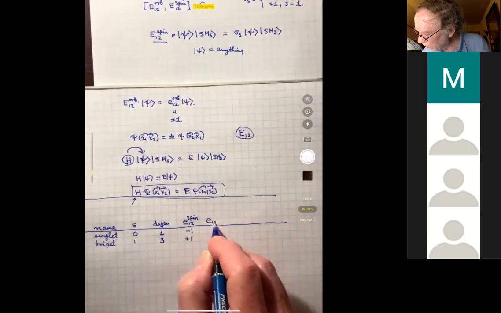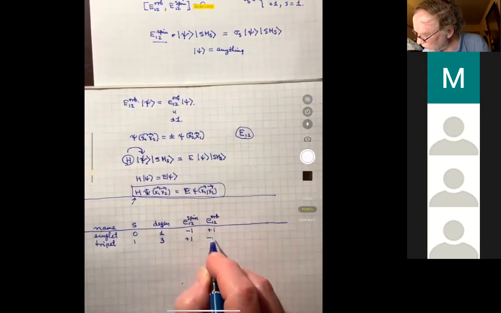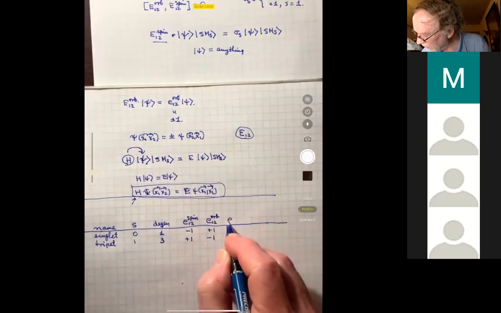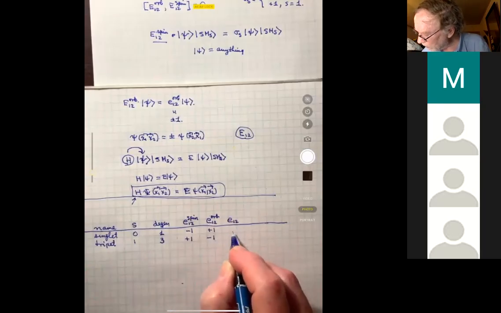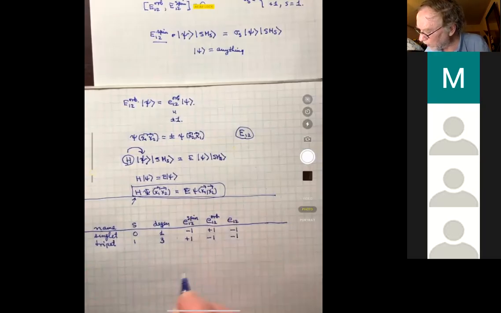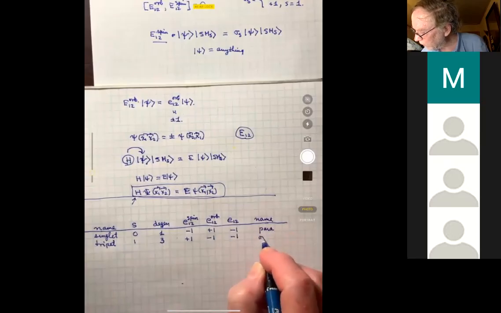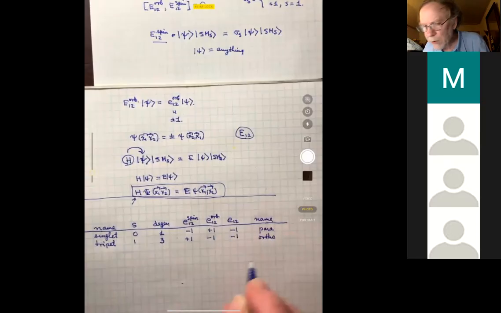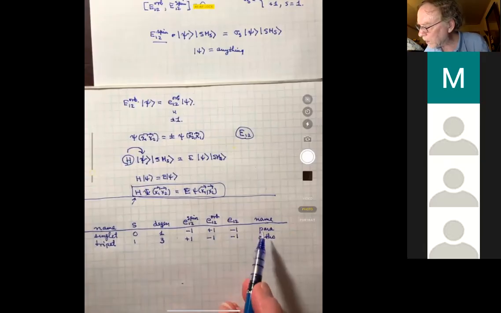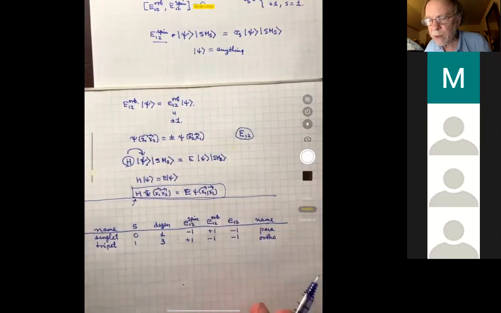This then requires that the exchange operator for the orbital part should be the opposite, +1 or -1, that is to say, so the total exchange symmetry should be -1 as required by symmetrization. And if we do this we end up with new names, which again, as in the hydrogen molecule, are para and ortho. As in the hydrogen molecule, para means that the system is spatially symmetric and ortho means it's spatially antisymmetric.